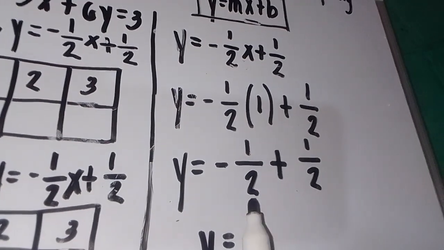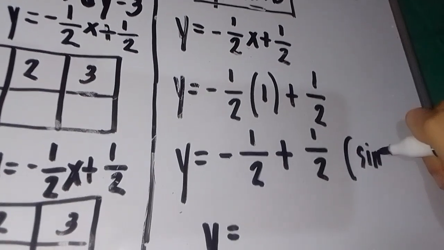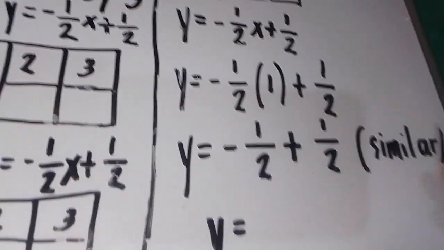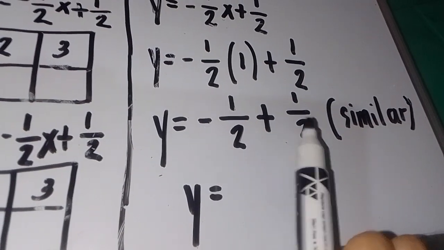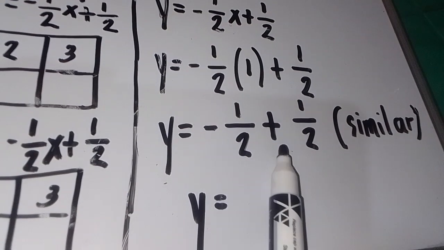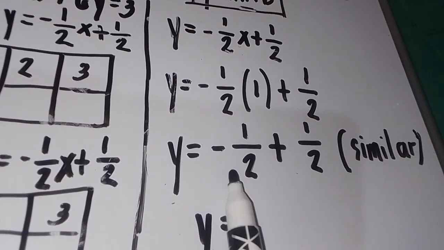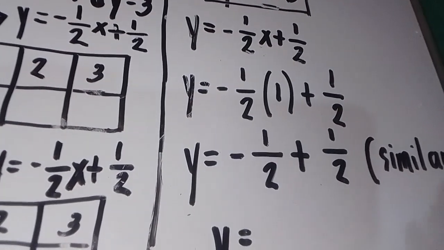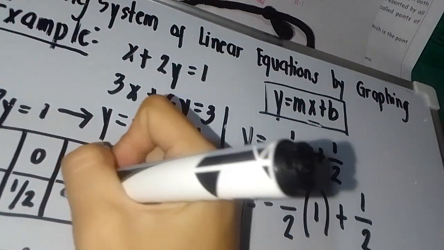We can combine since they have the same denominator, meaning they are similar. Do we add or subtract? It depends on their signs. The first 1/2 is negative. The second 1/2 is positive. They are not the same, so we merge by subtraction. Since they are the same value, subtracting gives 0. So your y is 0.